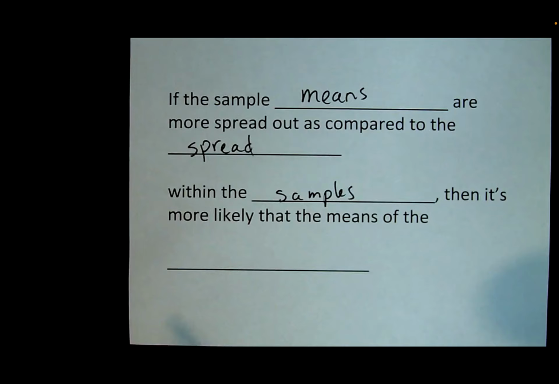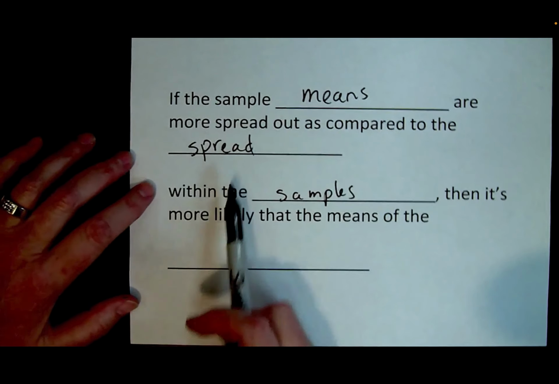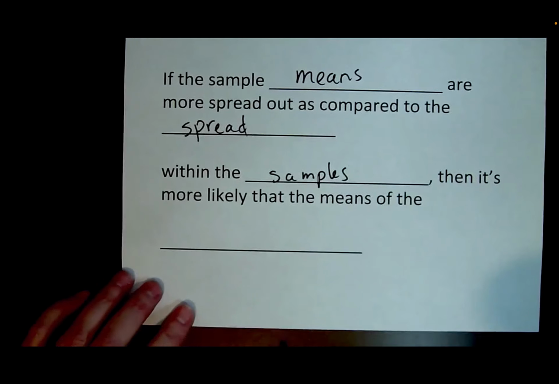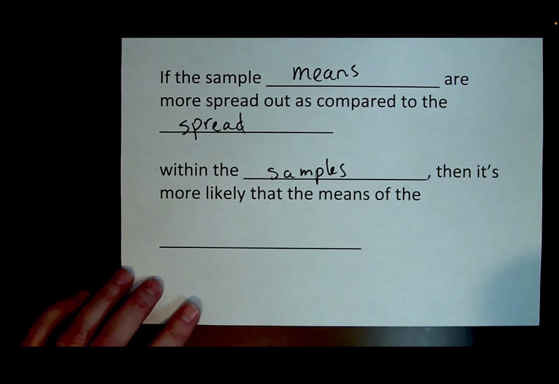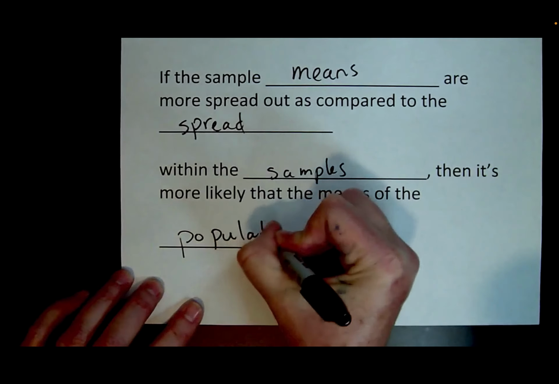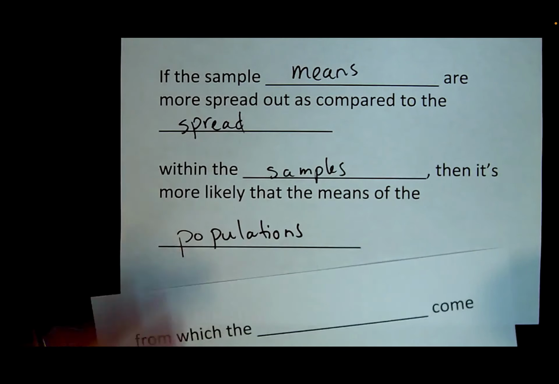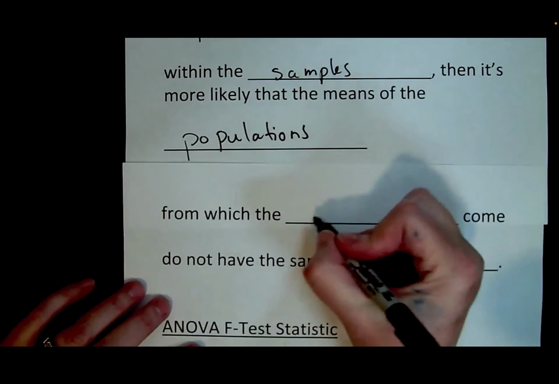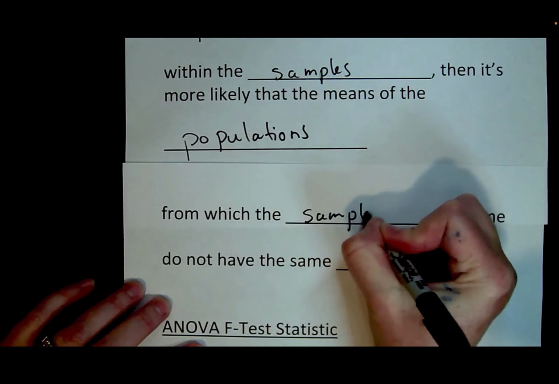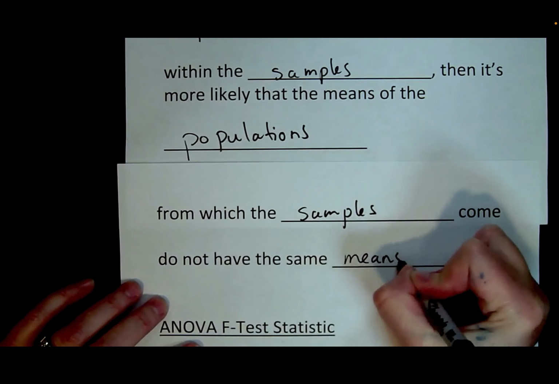Okay. So if the sample means are more spread out as compared to the spread within the samples, then it's more likely that the populations from which these samples come do not have the same means.